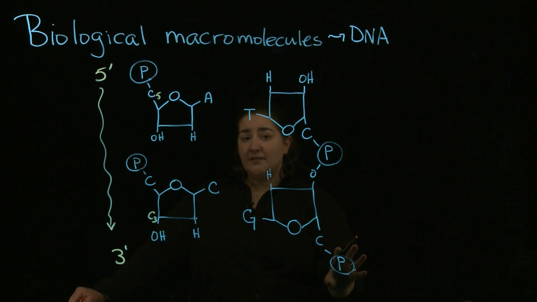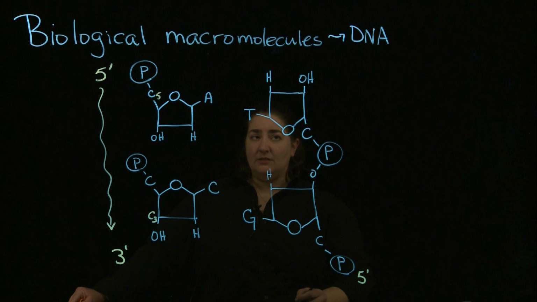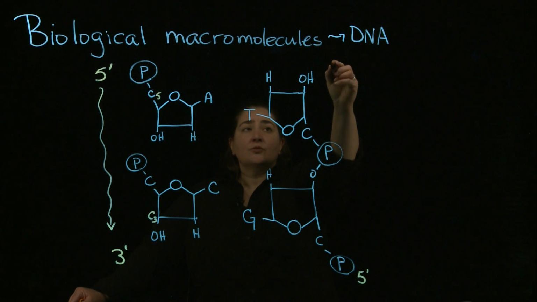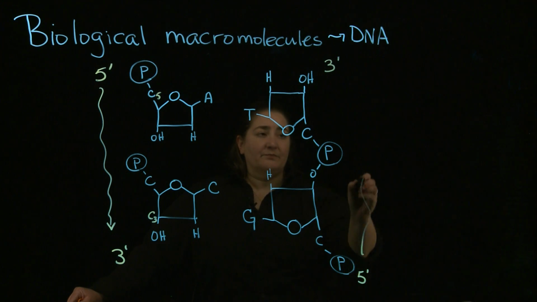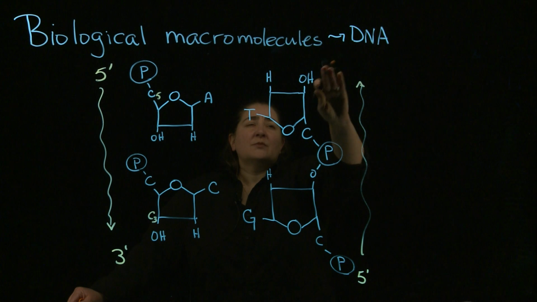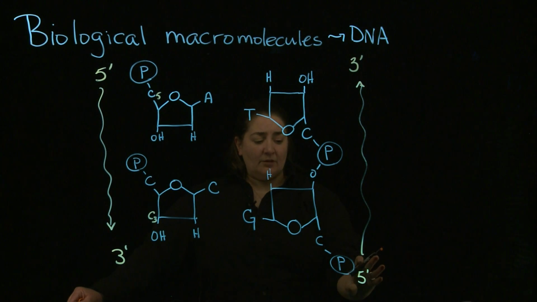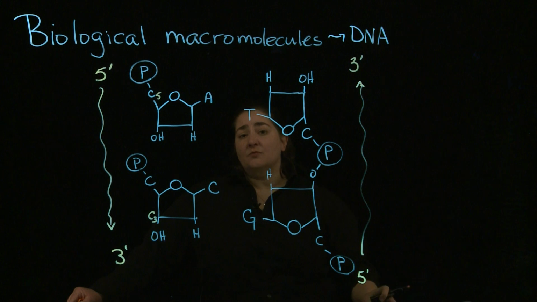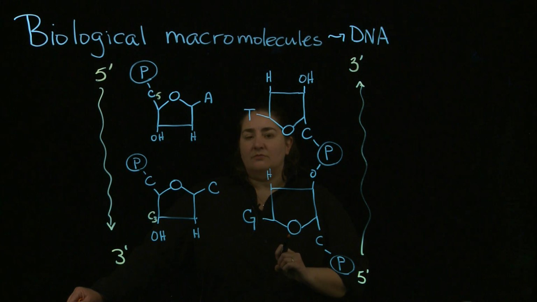We've got a free phosphate; free phosphate means that's the 5' end. Hydroxyl group, this is going to be our 3' end. Let's move that 3' over just because I'm going to be anal about it. We're going to go 5' to 3'. So when we talk about DNA and you hear 5' to 3', that's what it's referring to.